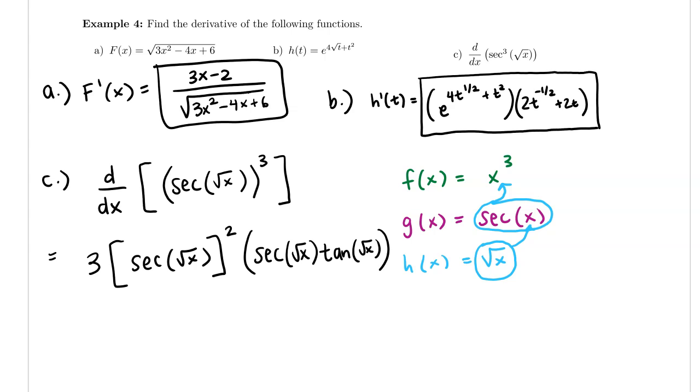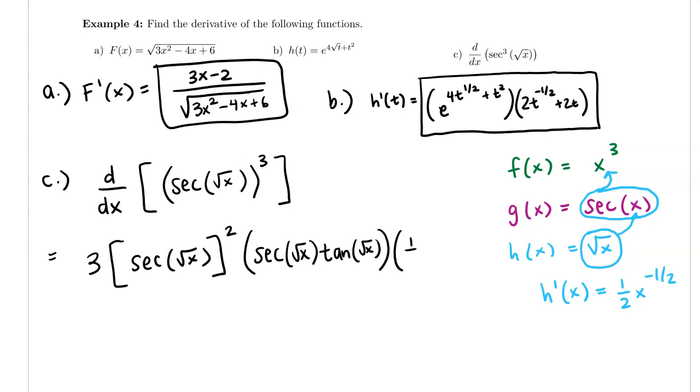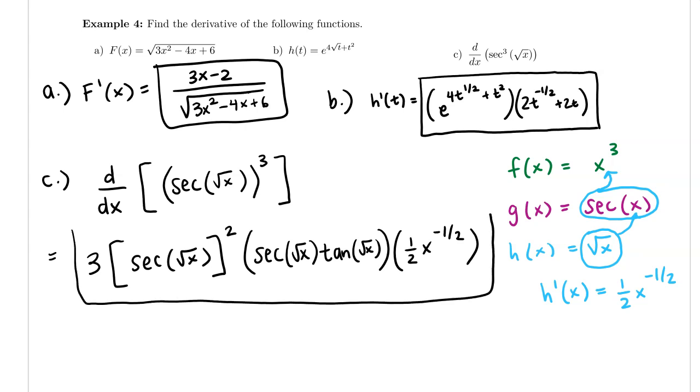And now I need to multiply by the derivative of the innermost function, h prime of x, which is equal to 1/2 x to the negative 1/2 power. So why don't I move this over and multiply by that? So here I have 1/2 times x to the negative 1/2 power. And I'm perfectly fine with you leaving your answer like this. And that completes part C of example 4.